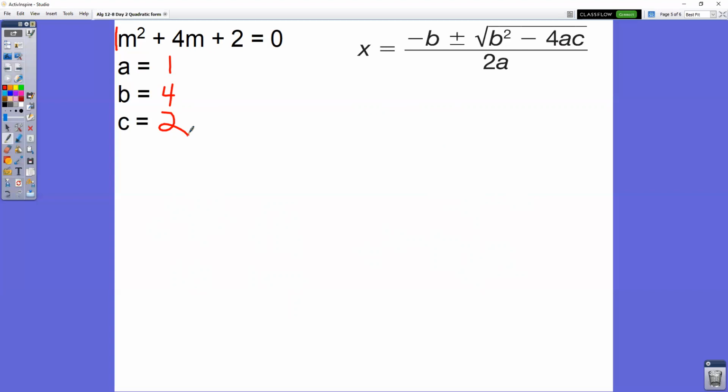If you can reduce it, which you should be able to, I want you to reduce it.